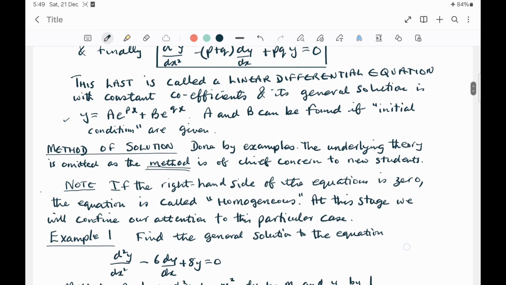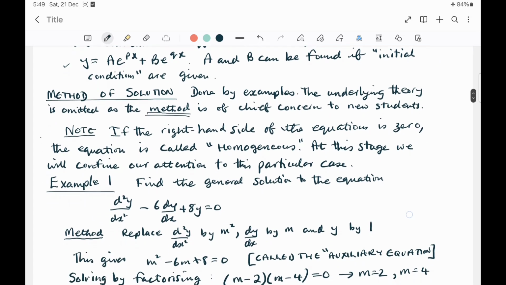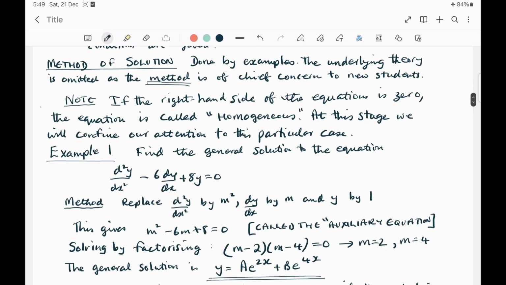All right, so let's look at an example here. Example number 1, and we'll try and find the general solution to the equation d2y dx squared minus 6 dy dx plus 8y is 0. Now the method here, and this is going to take some believing, but I don't want to bog you down with too much explanation at the moment.